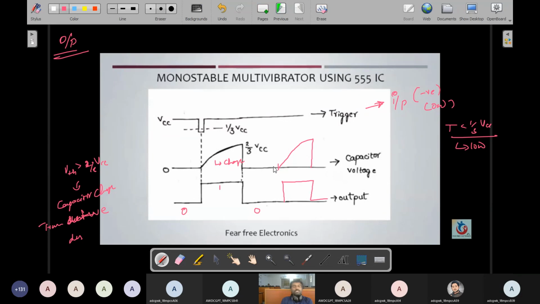But in the monostable multivibrator, the 7th and 6th pins are combined, and from this combined point we take a single wire through capacitor C. That is the only difference. In monostable and astable the working is the same, but in monostable we use an external trigger pulse, and in astable we do not. The remaining parts and the working procedure are the same. Understand, everybody?